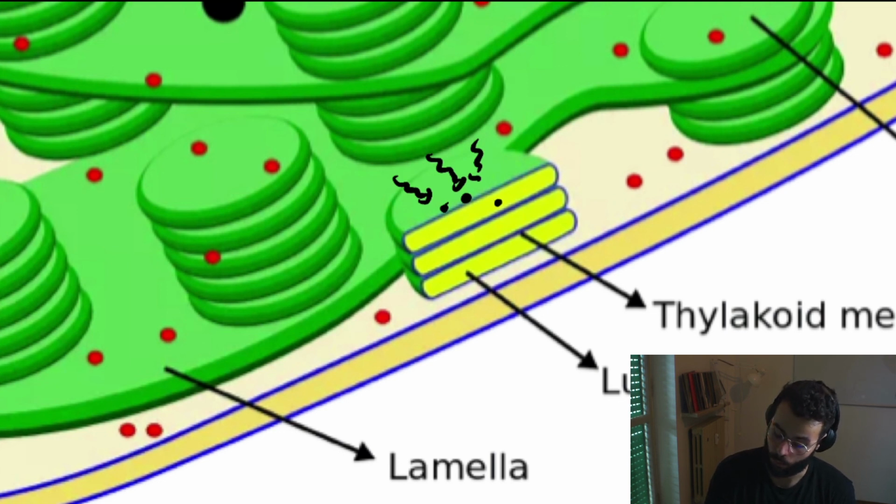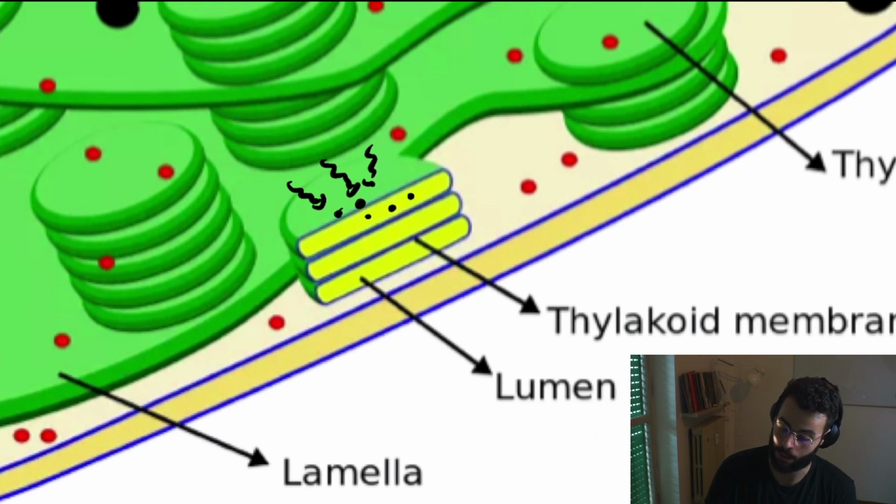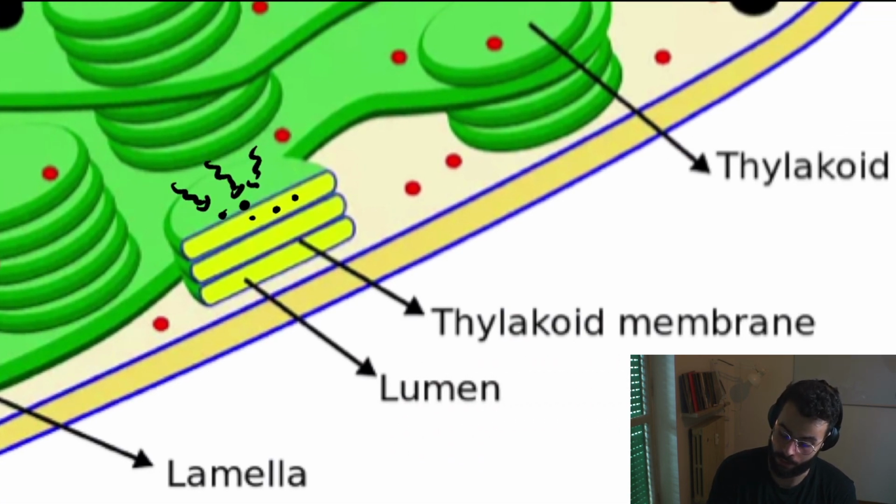Once you have a lot of protons inside the thylakoid lumen, you are going to have the ATP synthase, which is this time going to allow protons to go outside of the lumen. We are going to use the energy to create ATP, and in different processes, we are also going to charge NADP plus to NADPH. I will show you exactly how everything occurs in the next video.